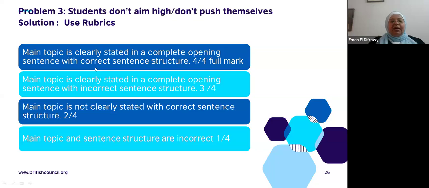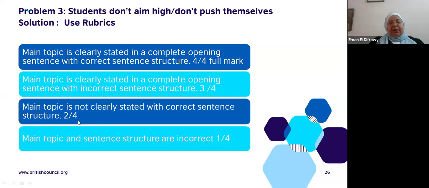Okay? Okay, what about 3 out of 4? So we have here the main topic is clearly stated, okay, but with incorrect sentence structure. So they can lose a point for incorrect sentence structure. Number 3, main topic is not clearly stated, but with correct sentence structure.